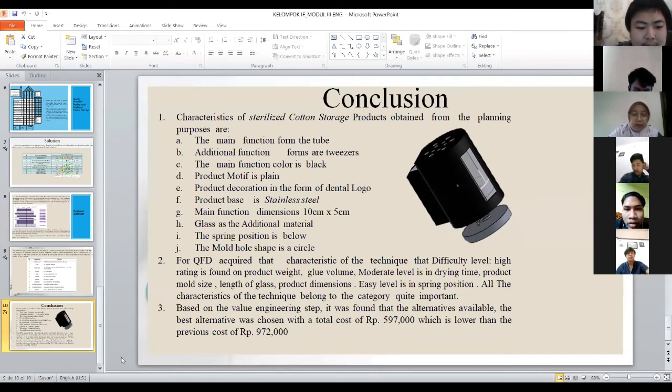Okay, go on, Miss. Okay, thank you very much. I won't repeat the same question as Mr. Mangara. My first question is, what are the benefits of adding the color pen to its function?